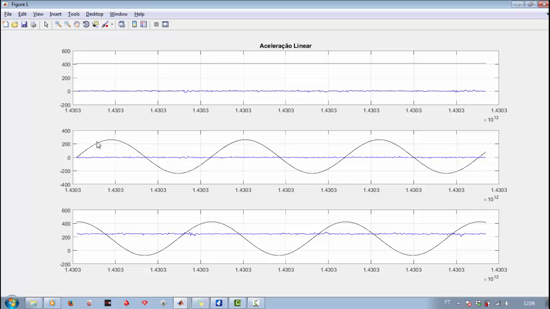However, what was to be expected is that in these more or less linear segments, the acceleration would be zero, but then here it would start to become negative, and then start to increase in the negative direction.